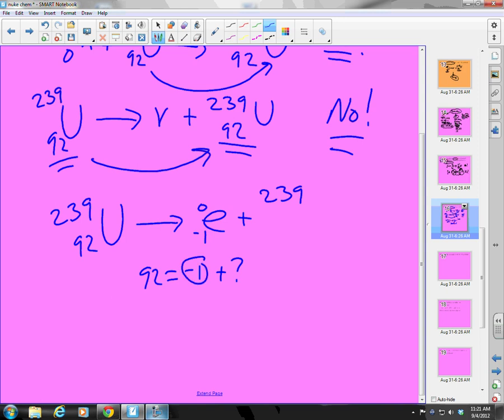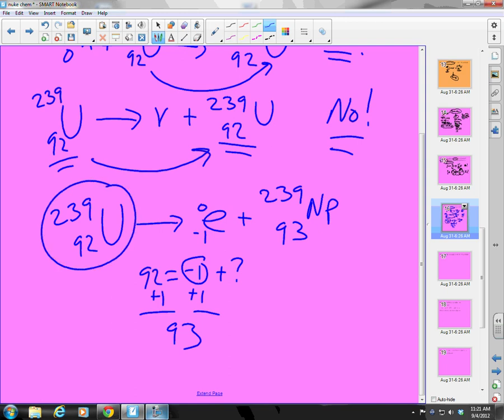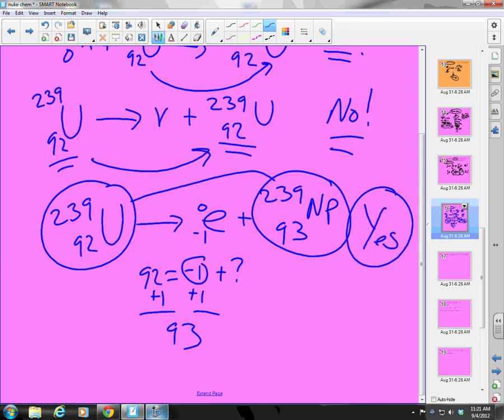I add a +1 to both sides, and I get 93. So 93, and I look on my periodic table, 93 is neptunium, Np. So my uranium went from being uranium to neptunium. Did a new element form? Yes, it did. That, folks, is a transmutation.